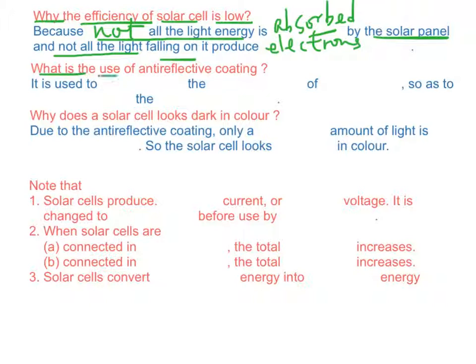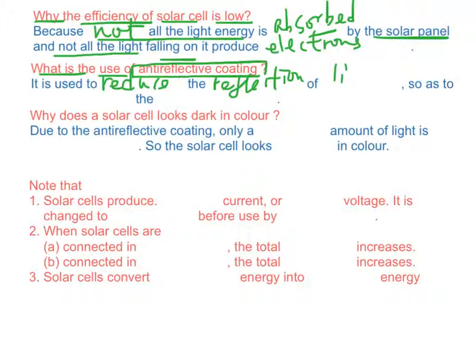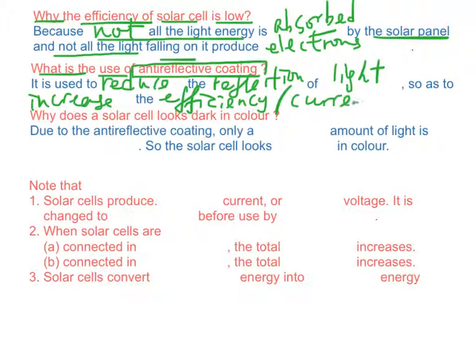What is the use of the anti-reflective coating? The anti-reflective coating is used to reduce the reflection of light so as to increase the efficiency or increase the current of the solar cell.